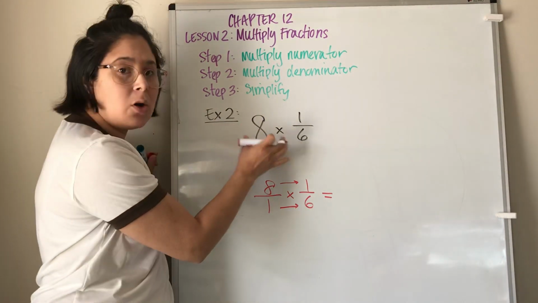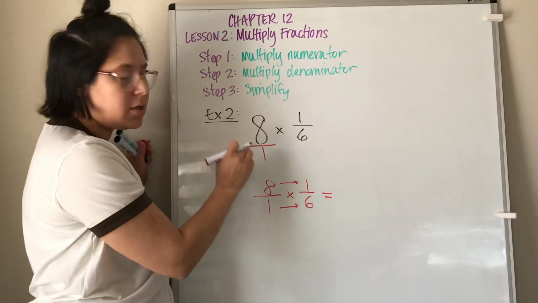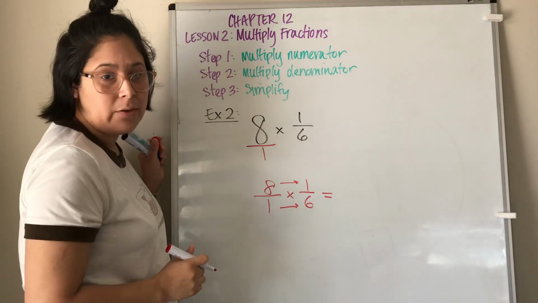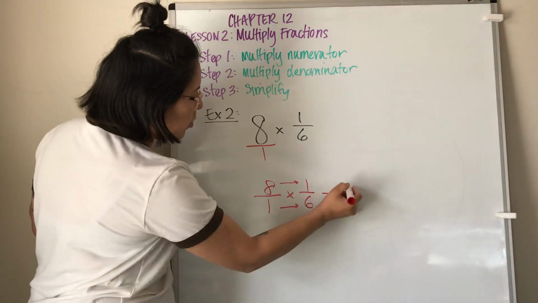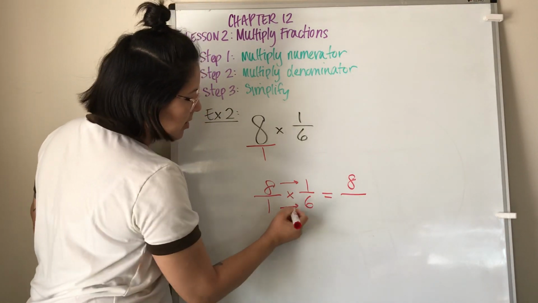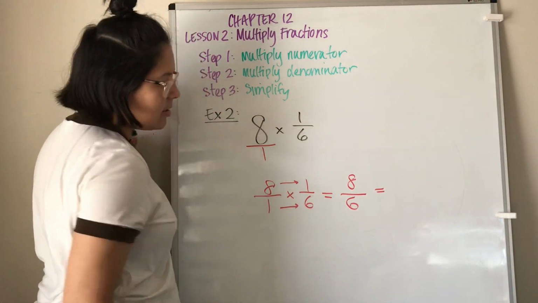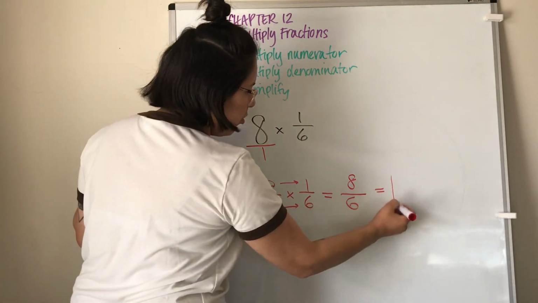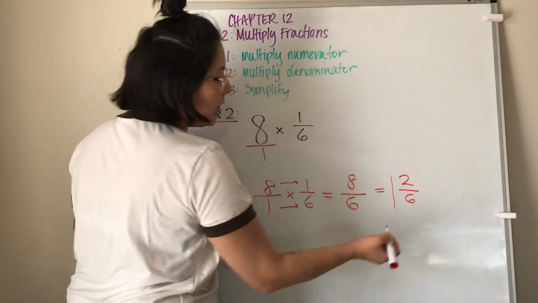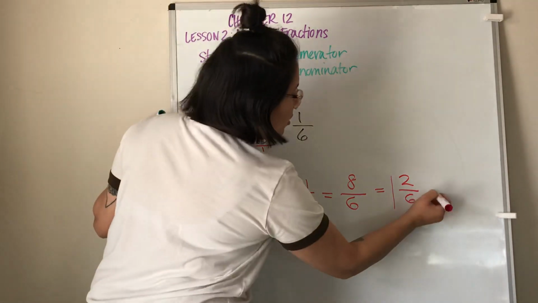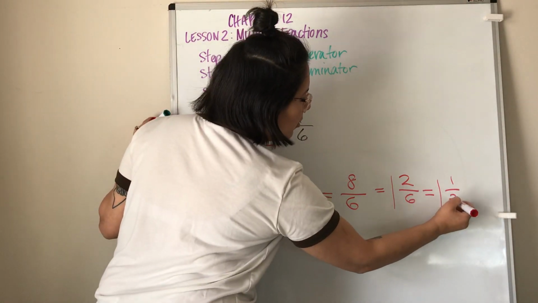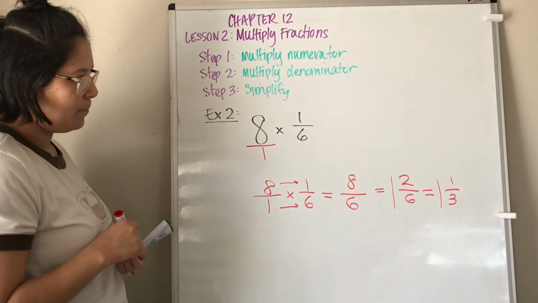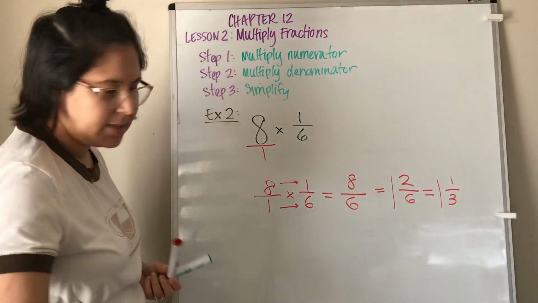So anytime you see a whole number by itself, you need to draw an imaginary 1 down there, okay? So 8 times 1, 8, 1 times 6, 6, okay? And you also need to simplify it. You will get 1 and 2/6. How do I get that? You divide, and this is 1 and 1/3, okay? This is easy peasy stuff.